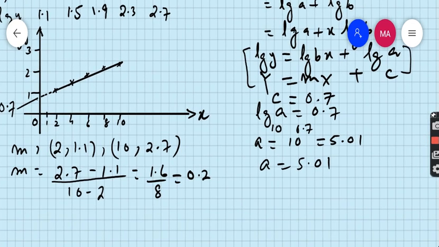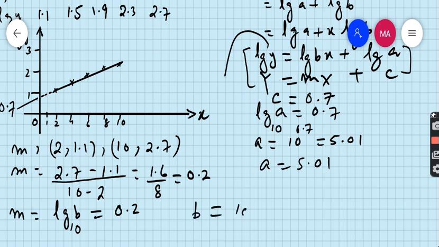According to the equation, m represents log b, which equals 0.2. But you need to find the value of b, and this log has base 10. So b should be 10 raised to power 0.2.